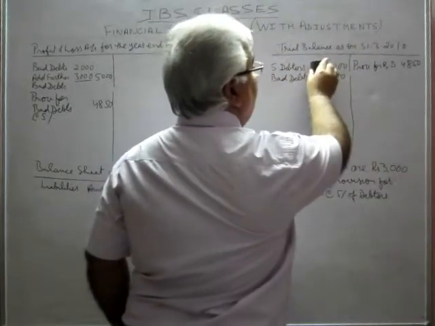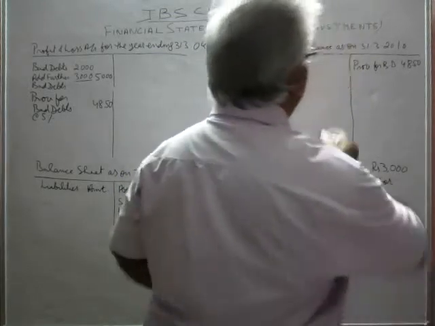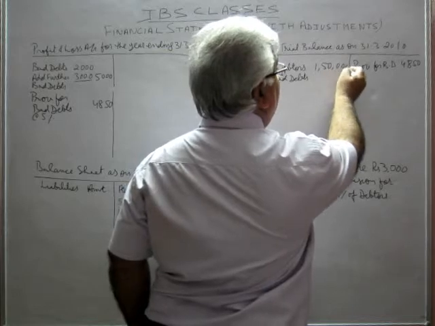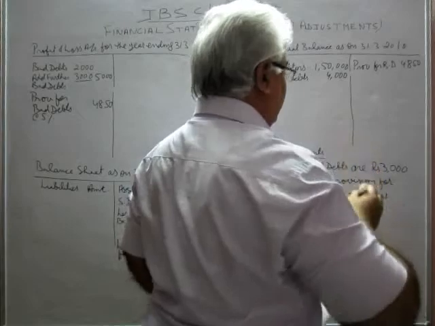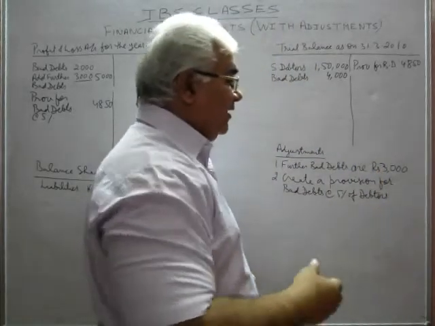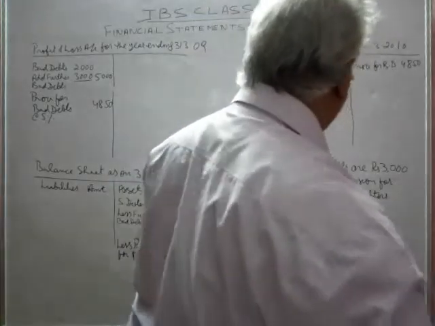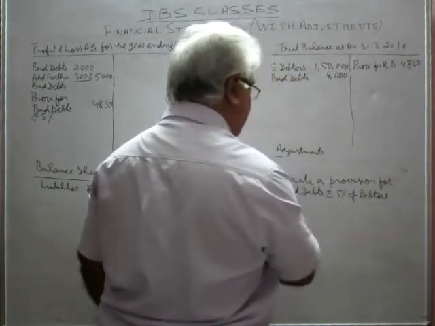And let us assume the figures of 2010 to be 1,50,000 and 4,000. Okay, and again this year the requirement is that create a provision for bad debts at 5% of debtors.